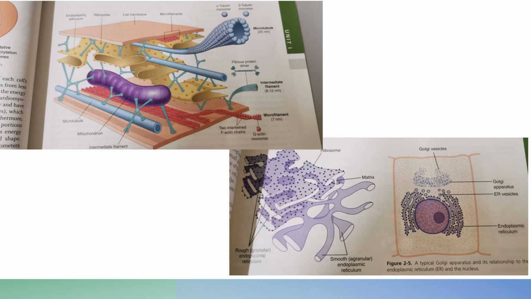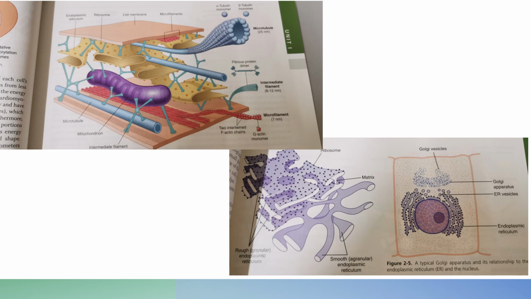In the top picture, you can see the purple color. This is the mitochondria. Later I will cover this mitochondria. This orange one is the ER, the endoplasmic reticulum. It's all this tunnel, and it will be connected to the Golgi apparatus. Where is the Golgi apparatus? The Golgi apparatus is beside the nucleus.